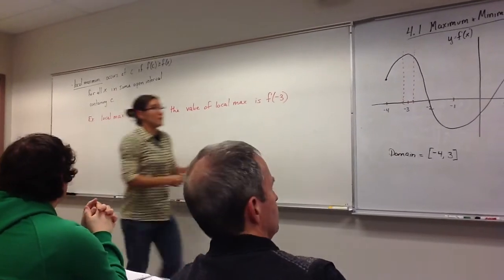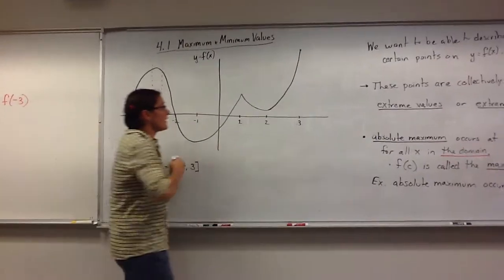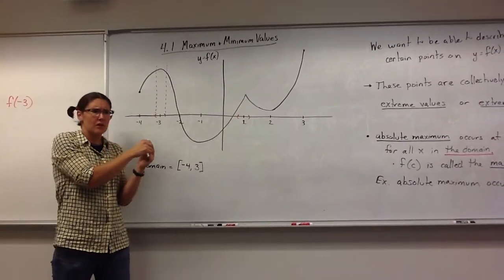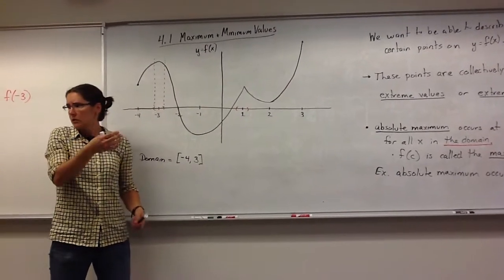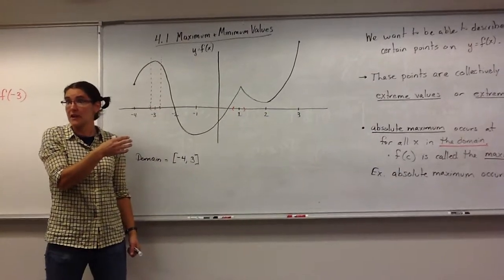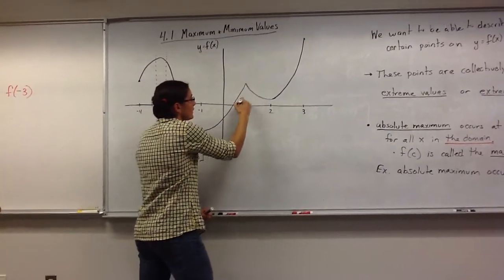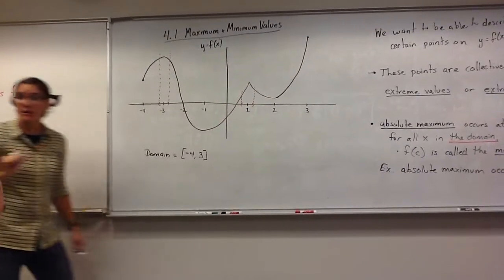We also have a second sort of mini peak over here at x equals 1. If I look at just a little neighborhood around x equals 1, kind of like we had a little neighborhood when we talked about implicit differentiation, where in a little neighborhood around the point our curve passed the vertical line test, the highest point on the function occurs at x equals 1.